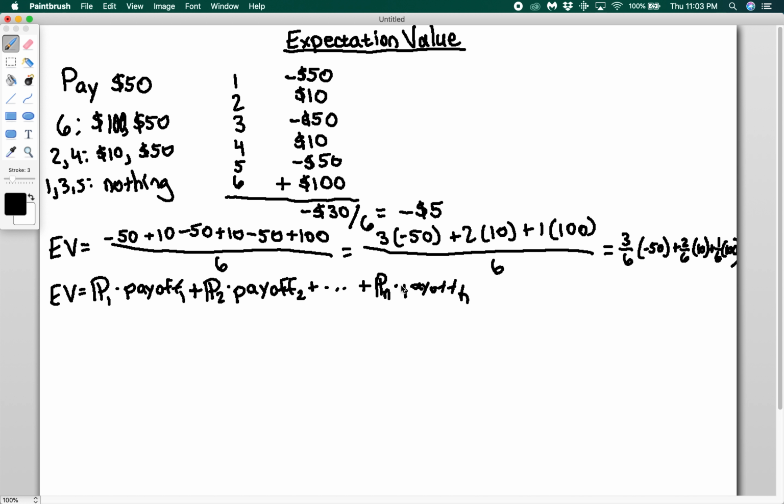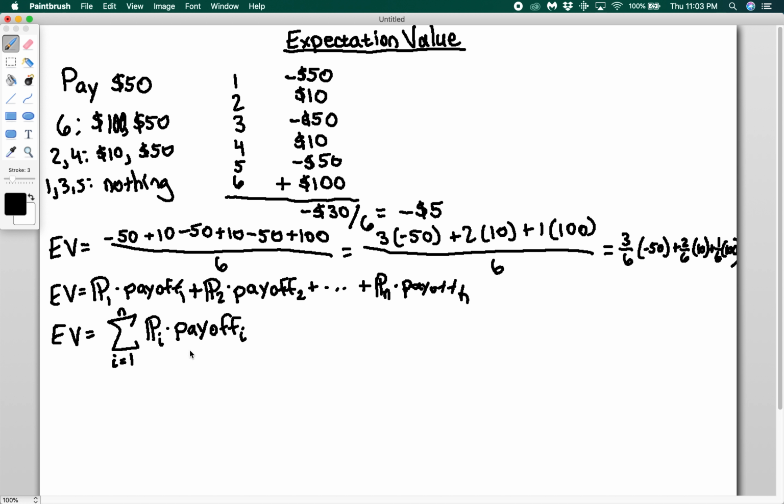Okay. So another way of writing this, if we use summation notation, is we can say that the expected value is going to be equal to the sum from 1 to n of the probability of i times the payoff of i.